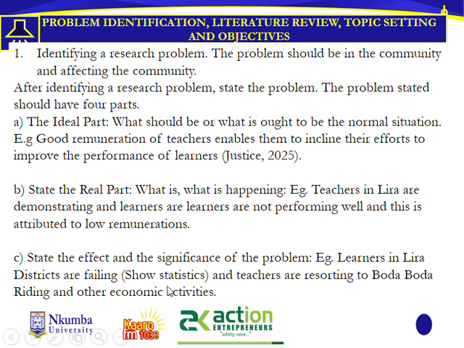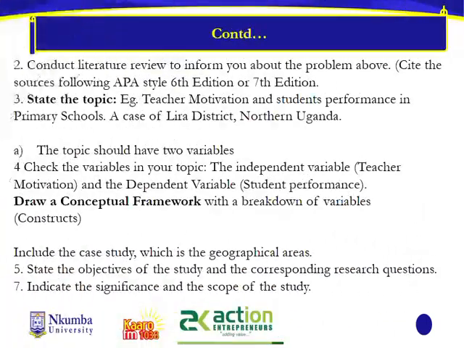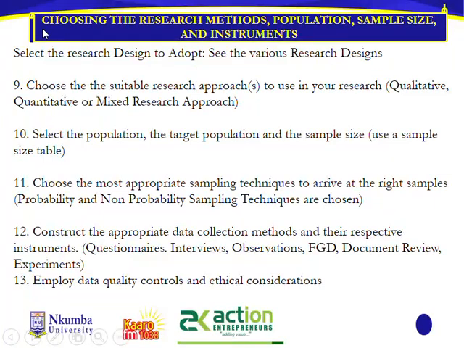So the detail is what we were explaining: problem identification, literature review, topic setting, and setting objectives. After that is done, then we can look at choosing the research methods, the population, sample size, and the instruments.